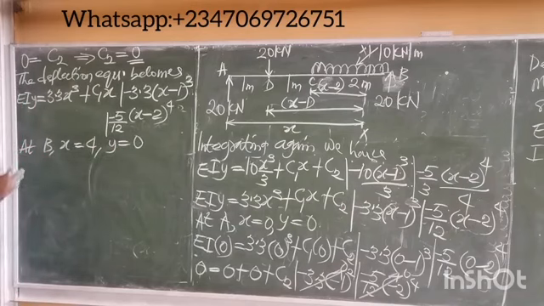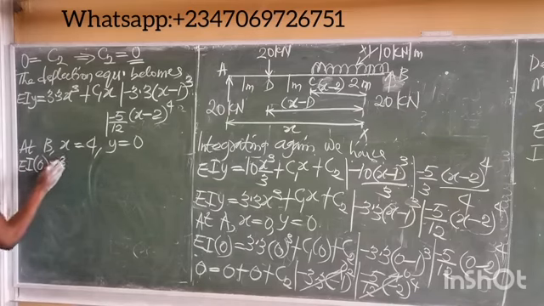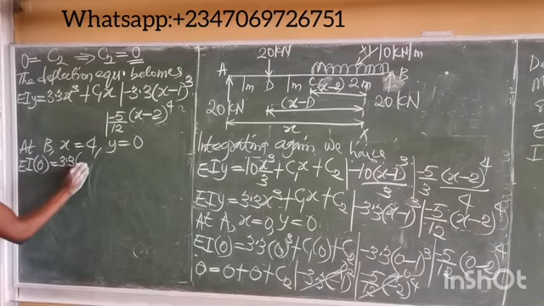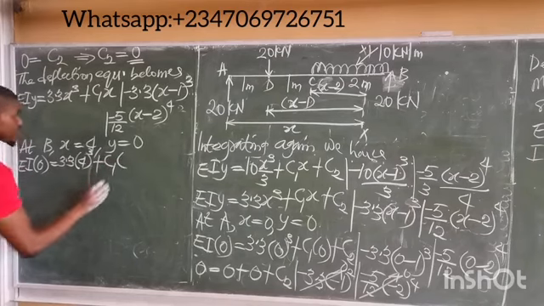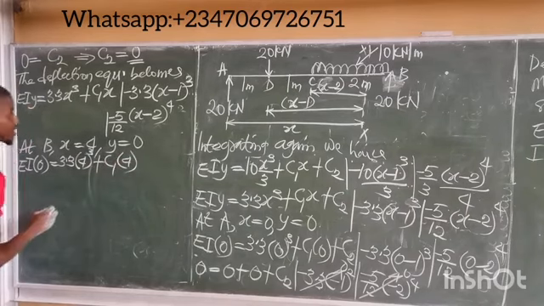Okay, so therefore, let's substitute these conditions now into the slope equation. In place of y is simply 0. We have EI times 0 equal to 3.3 into, in place of x, x is 4. It becomes 4 to the power of 3, plus C1 times x, which is 4.